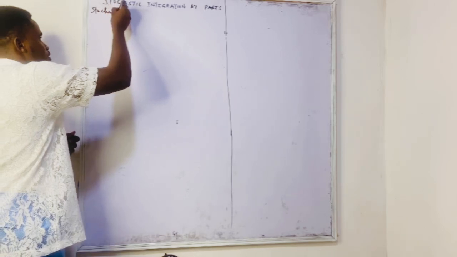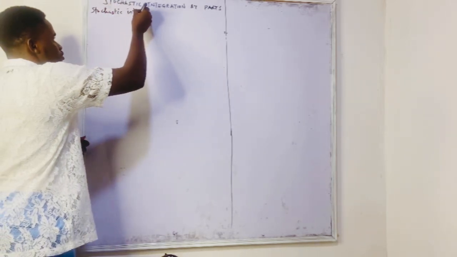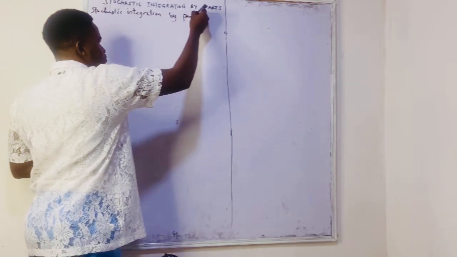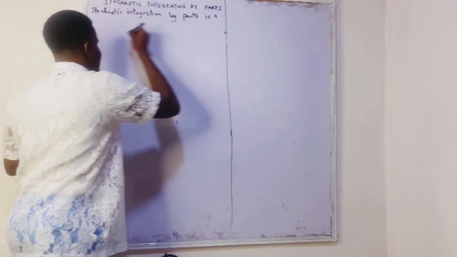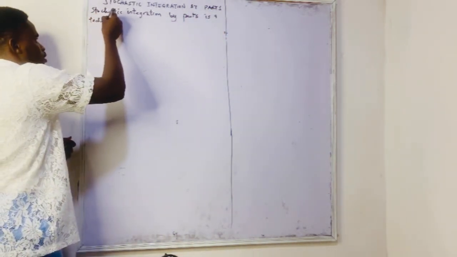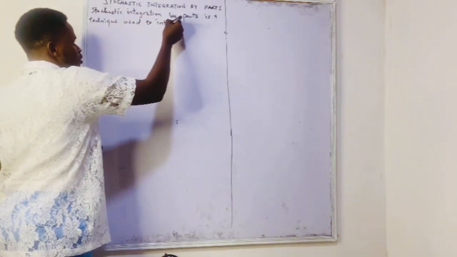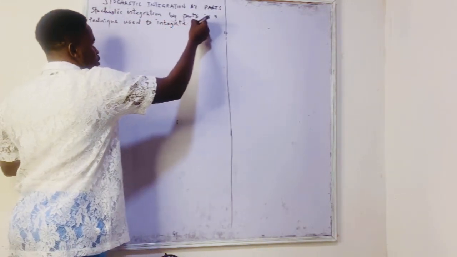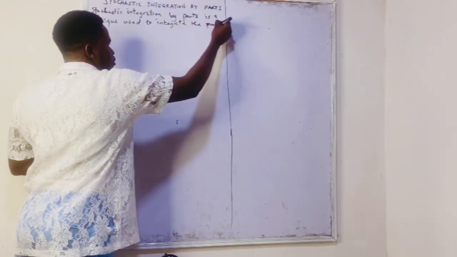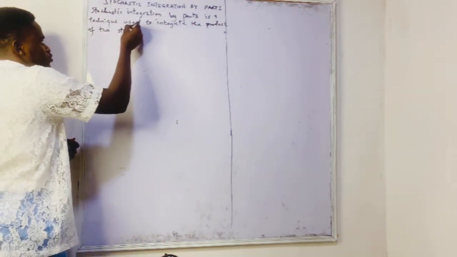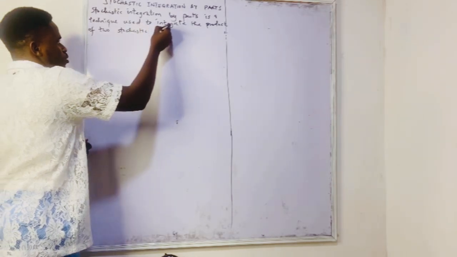Stochastic integration by parts is a technique used to integrate the products of two stochastic processes.